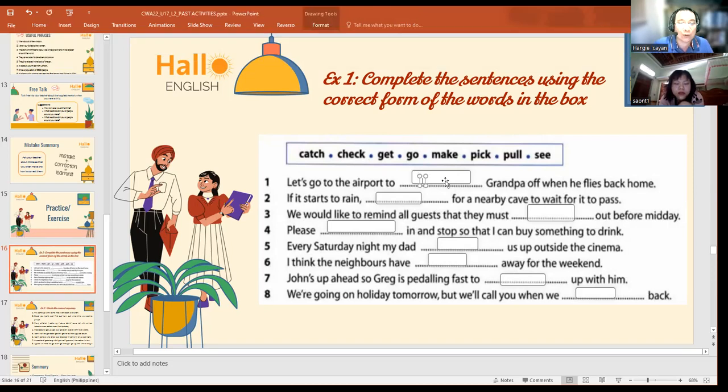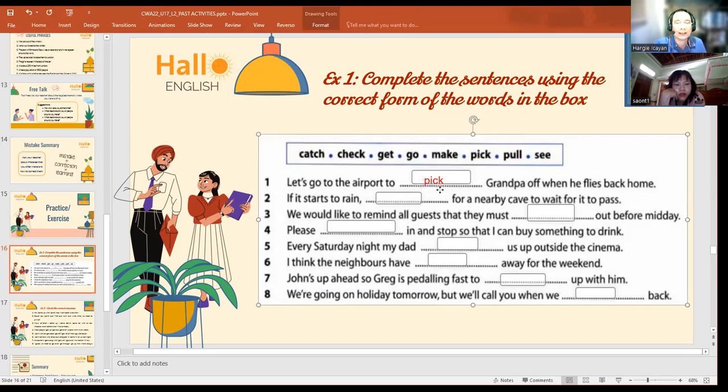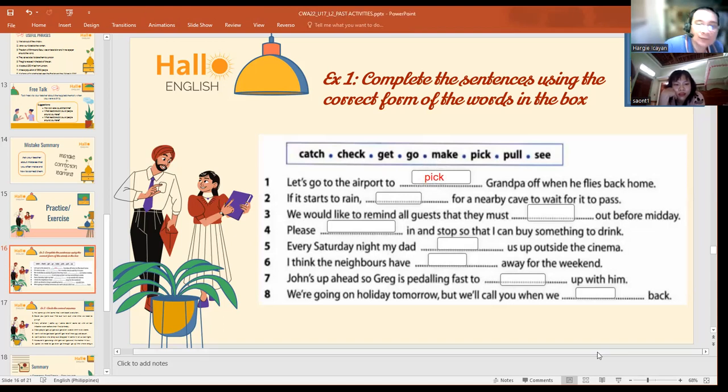Okay, so let's go to the airport to pick. But this one is not in the past tense, right? Because of the "to", this is in the future tense. So we cannot make this one in the past tense. So the word is just "pick".